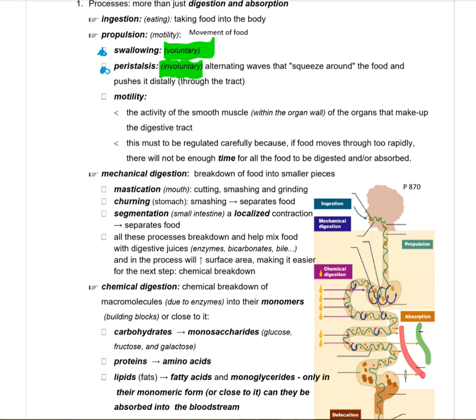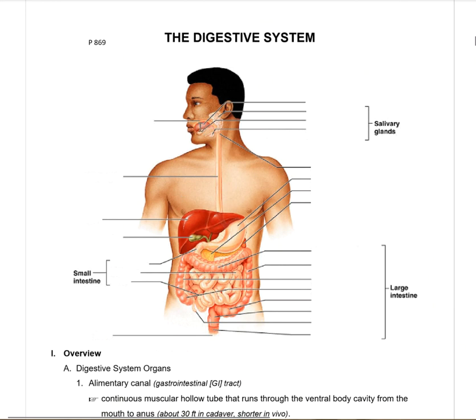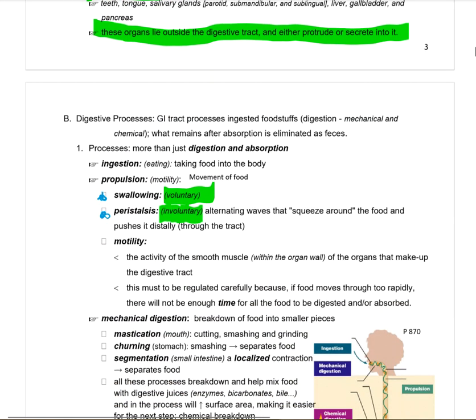Now, one thing to note, we get to use proximal and distal here. I'm going to go back. This is the proximal end of the digestive system where food starts. And as we go through, we get to the end of it, and we call this the distal end. So generally speaking, food will move through and go out the distal end. So that's what we're referring to there.